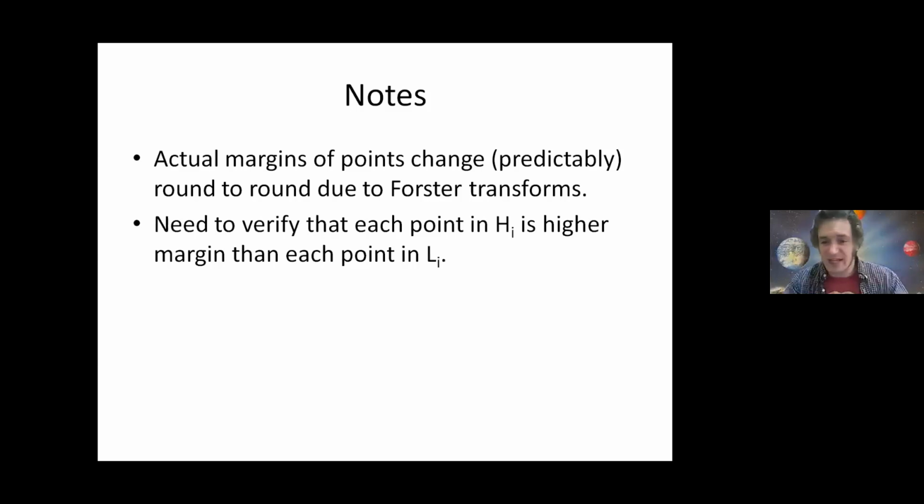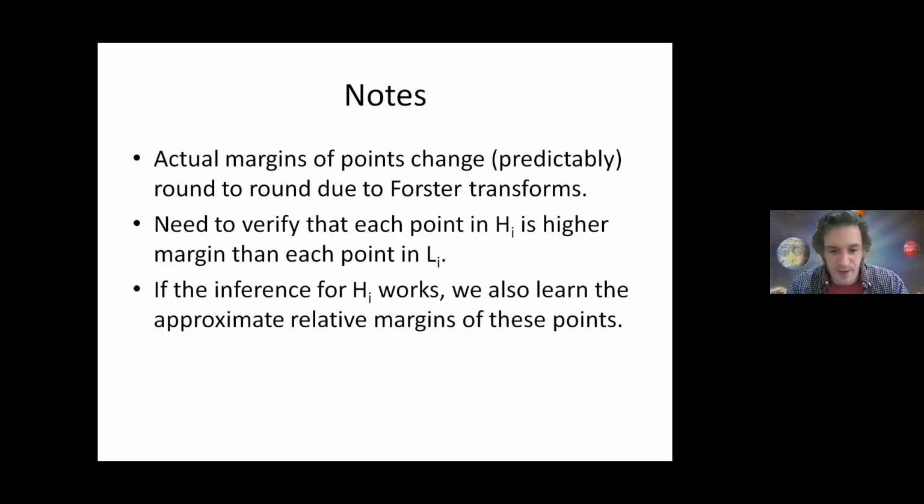And the thing that we need to do is verify that in each round, every point in HI has much larger margin than every point in the corresponding LI that we used. And there's one more thing that we get. If the inference works, then not only did we learn the points in HI, not only did we learn their sign, but we learned their approximate margin.